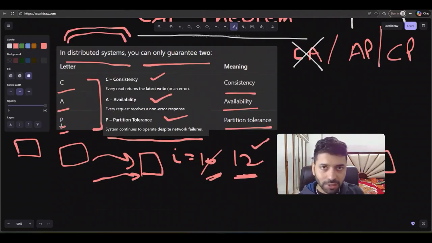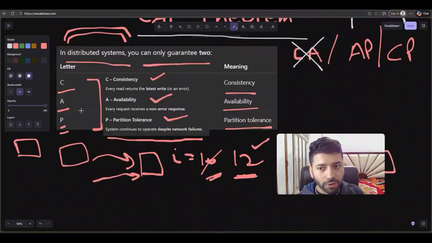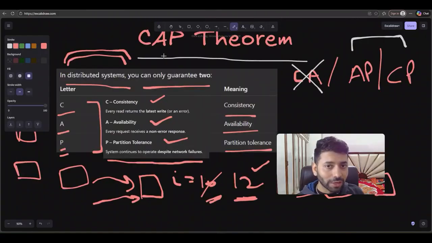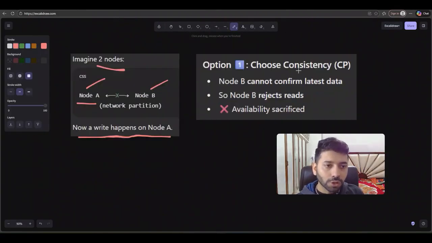Partition is always there because we are talking about a distributed system. You can also see here we have multiple nodes. First we'll focus on consistency, and we'll try to have availability as well, and we will see why we cannot have all three of these together. So we'll first focus on consistency and partition.